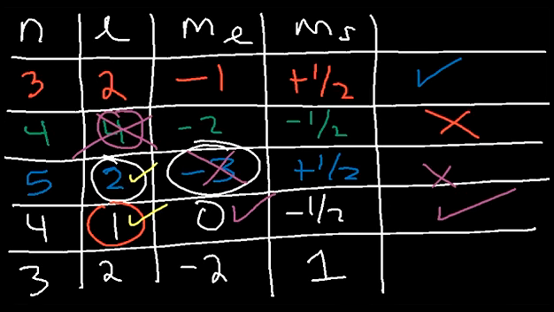Is it okay, or is there an error? So let's compare l and n. l is less than n, so that's okay. And if l is 2, ml could be -2 to 2, which -2 is in that range, so that's okay. The only issue we have here is that ms is not a fraction. ms can only be +1/2 or -1/2. So this doesn't work.